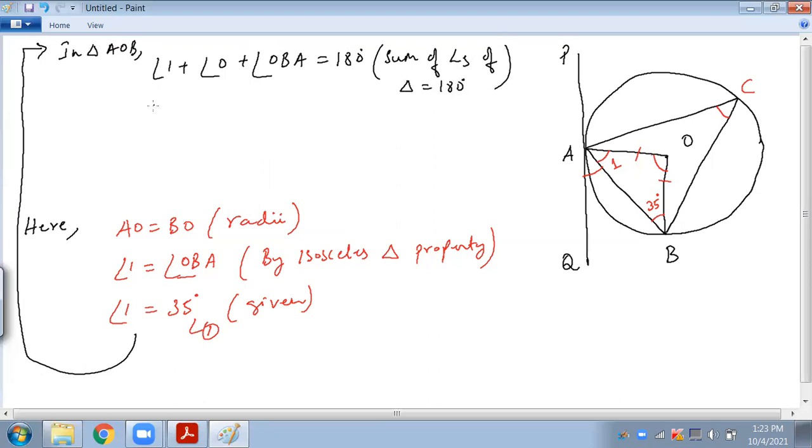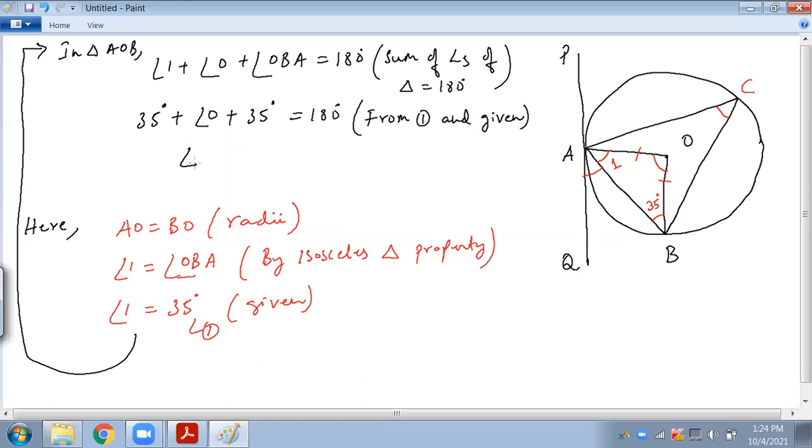Then put the values. Angle 1 is how much? 35, we got it in 1. Plus angle O, which we are going to find, and OBA is 35, given.